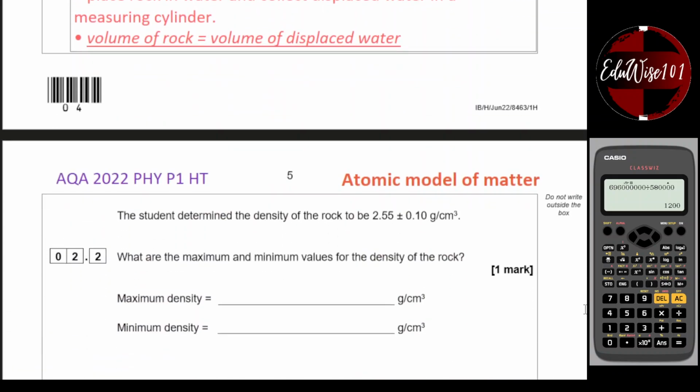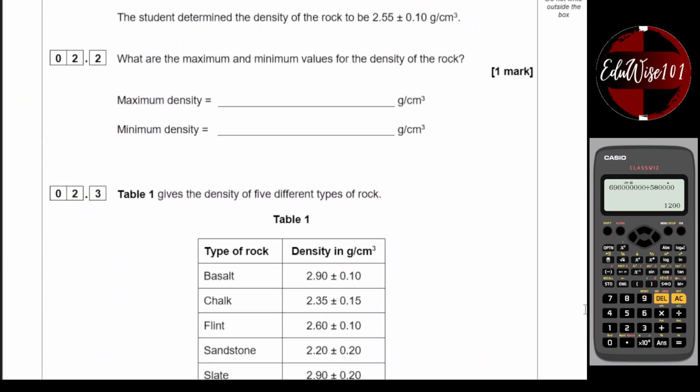Next part, the student determined the density of the rock to be 2.55 plus or minus 0.1 gram per centimeter cube. What are the minimum and maximum values for the density of the rock?